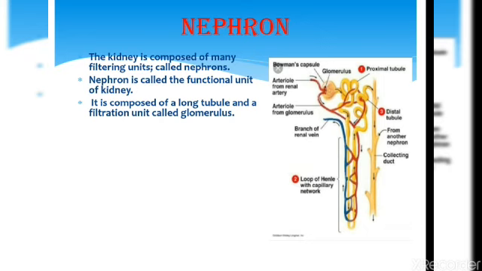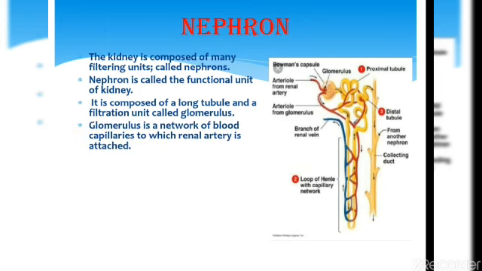Each nephron is composed of a long tubule and a filtration unit called glomerulus. Glomerulus is a network of blood capillaries to which the renal artery is attached.